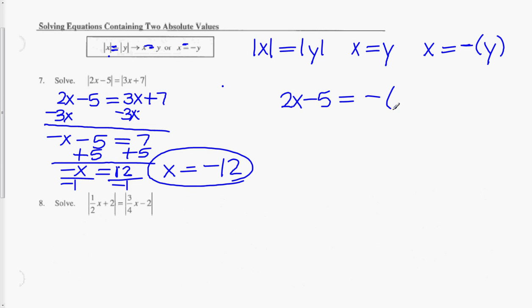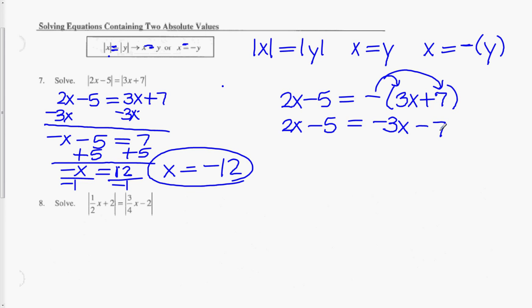My other equation is going to be taking away the absolute value from the left side, but being sure you put a minus sign once you take the absolute value away from the right side. So I'm going to need to distribute that negative through there. So I'm going to have 2x minus 5 equals negative 3x minus 7. Now I'm going to add 3x to both sides.